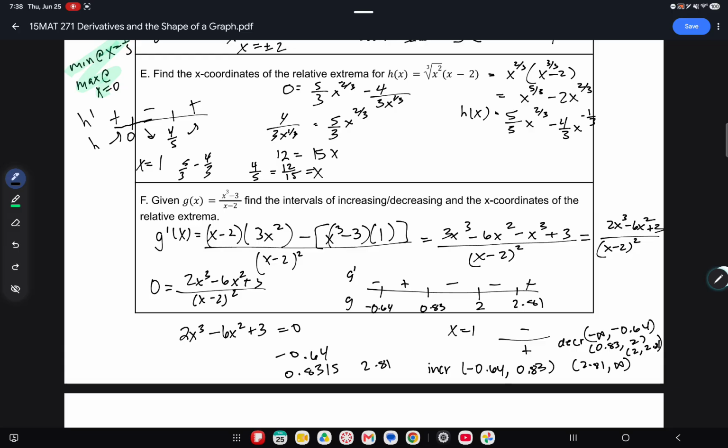And then the x-coordinates of any relative extrema, I'll just highlight those. I have a sign change, I have a sign change. I don't have a sign change, so that's not an x value of an extrema. And then I do have another sign change, right?